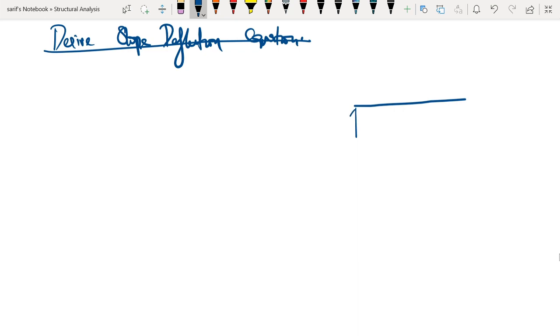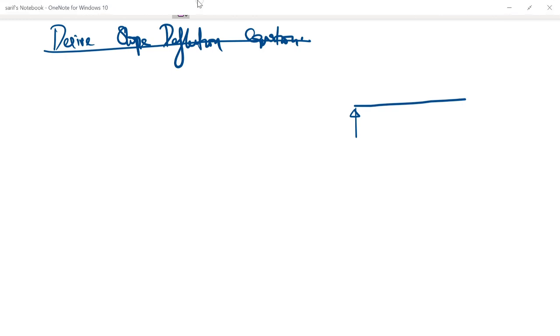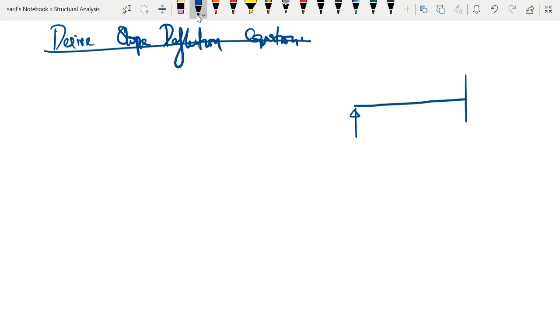imagine you are having a simply supported beam. Okay, so now let us say you are having a beam with its far end fixed. So this is end A and this is B. We call this the case of the far end.